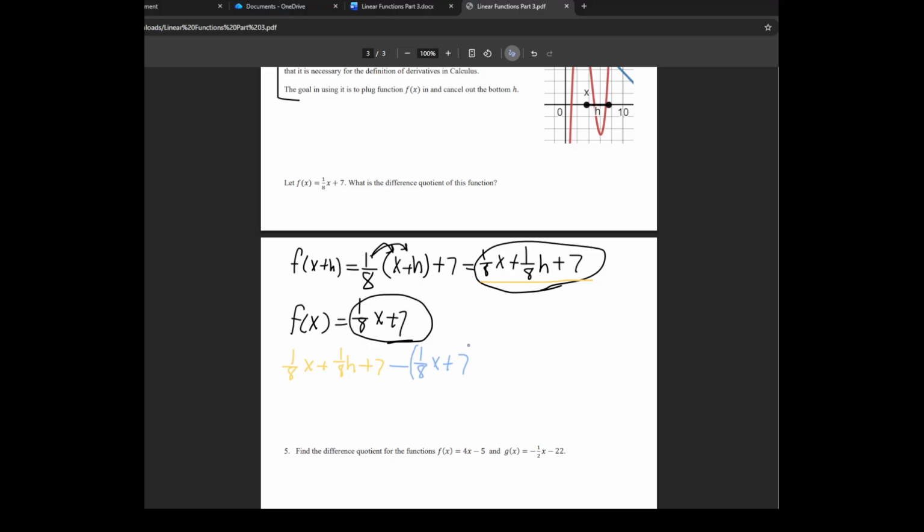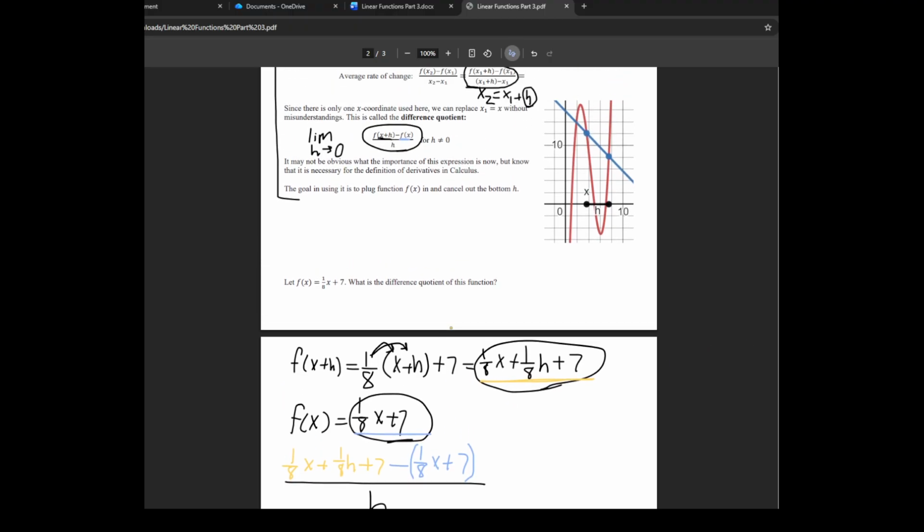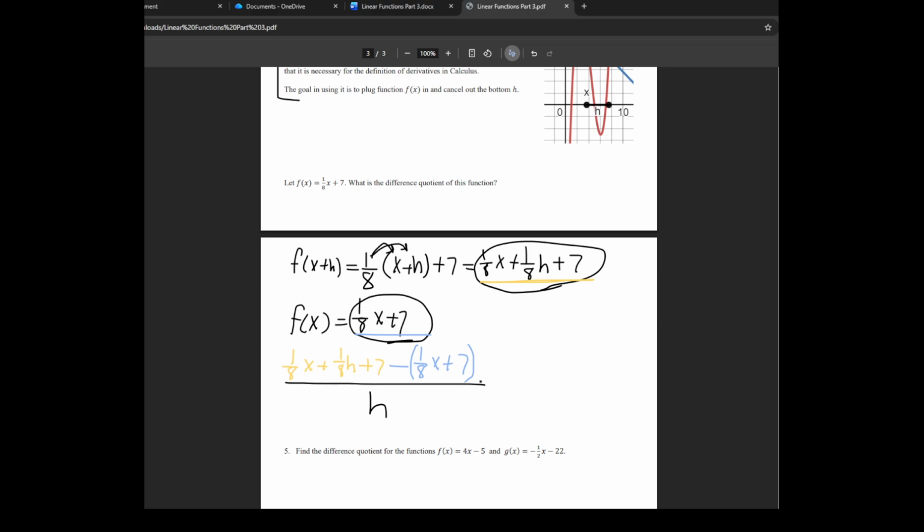It's subtracting the entire thing, so I'm going to put it in a set of parentheses, and all divided by h. So f of x is this blue function, f of x plus h is this green function, and we're just subtracting them. Now let's see what actually happens when I subtract these. When I'm subtracting something in parentheses, this negative distributes. We'll end up with 1 over 8x plus 1 over 8h plus 7 minus 1 over 8x minus 7, over h.